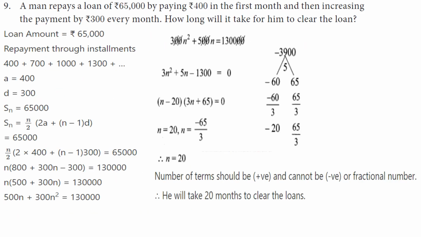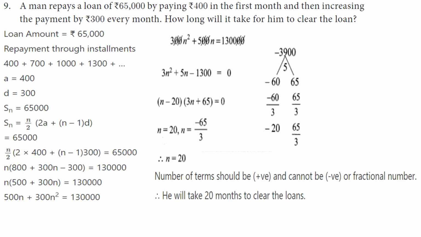Next, a person repays a loan of rupees 65,000 by paying rupees 400 in the first month and then increasing the payment by rupees 300 every month. How long will it take for him to clear the loan? The loan amount is 65,000. The installments are first month 400, second month 700, next 1,000, and it goes on.